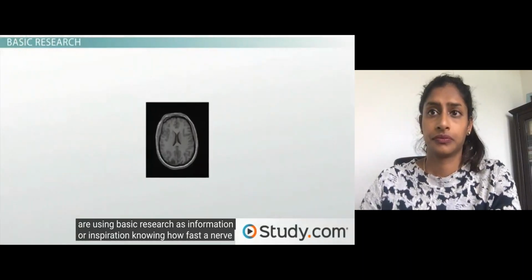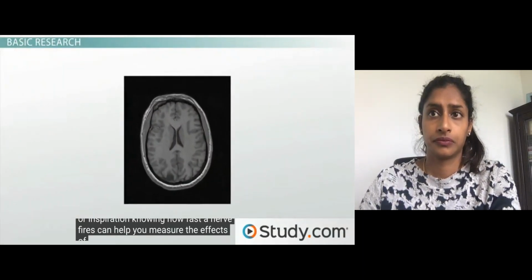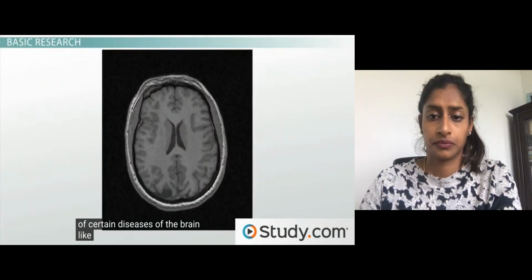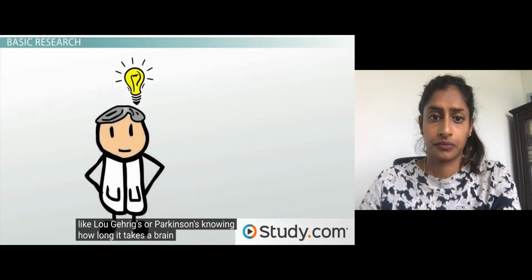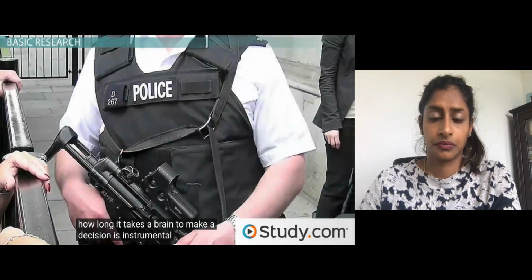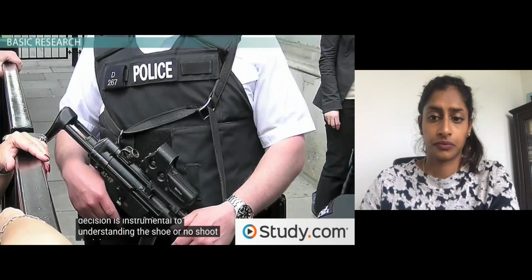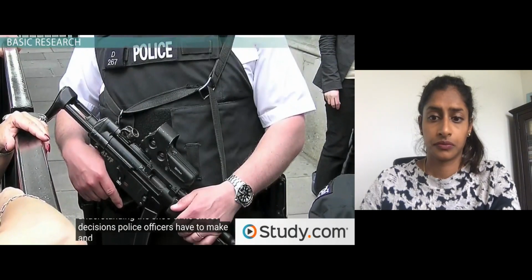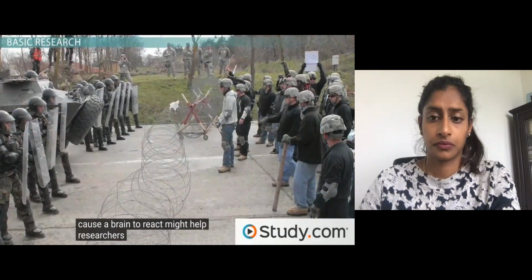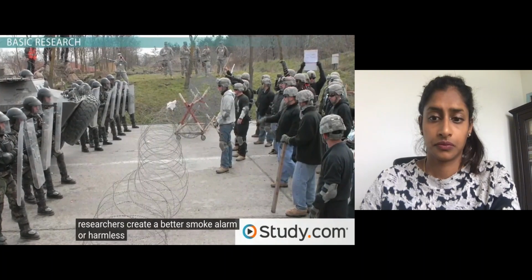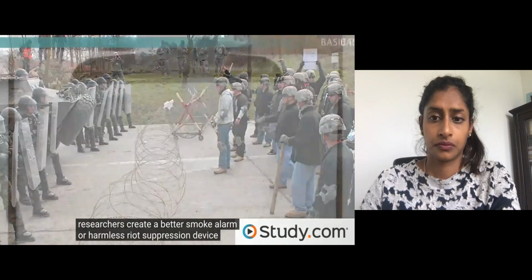Knowing how fast a nerve fires can help you measure the effects of certain diseases of the brain, like Lou Gehrig's or Parkinson's. Knowing how long it takes a brain to make a decision is instrumental to understanding the shoot or no-shoot decisions police officers have to make. And knowing what type of stimuli can cause a brain to react might help researchers create a better smoke alarm or harmless riot suppression device.